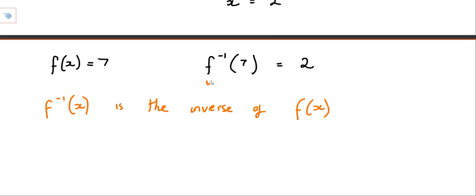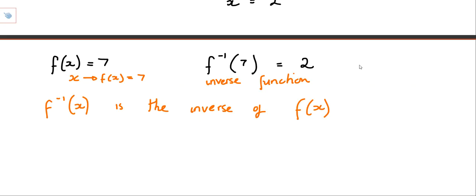You can tell that because if I know f of x is 7, I'm basically saying that x goes into the function and what comes out is 7.